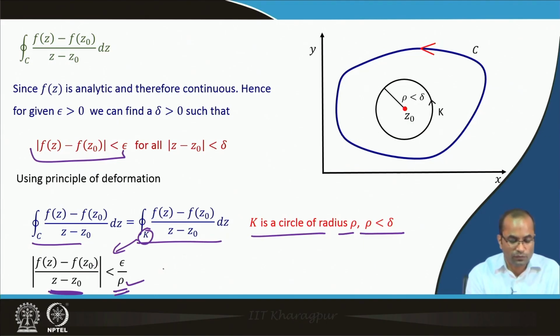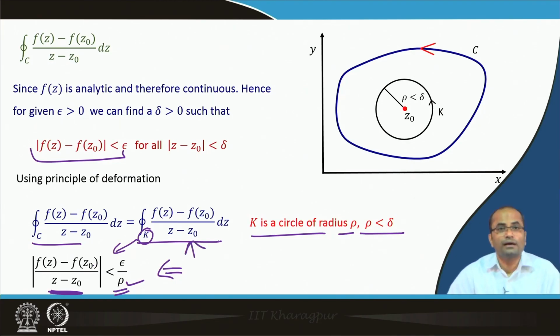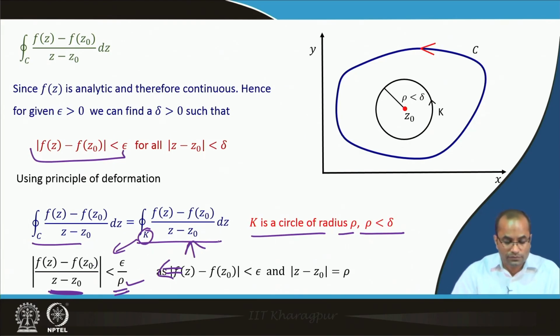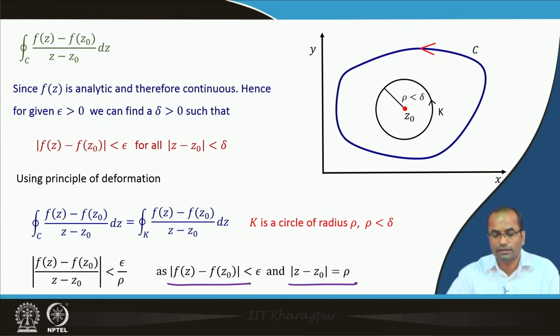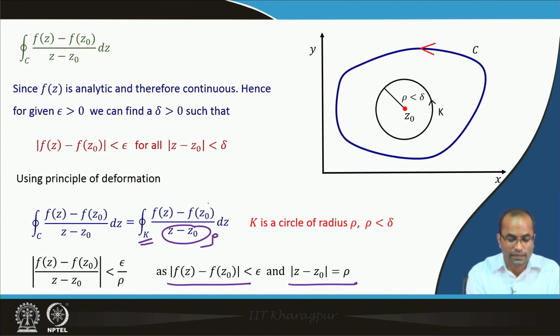So, we can bound the integrand of this integral by epsilon over rho, since we are exactly on the boundary of k, where the denominator is replaced by rho and the numerator is bounded by epsilon.